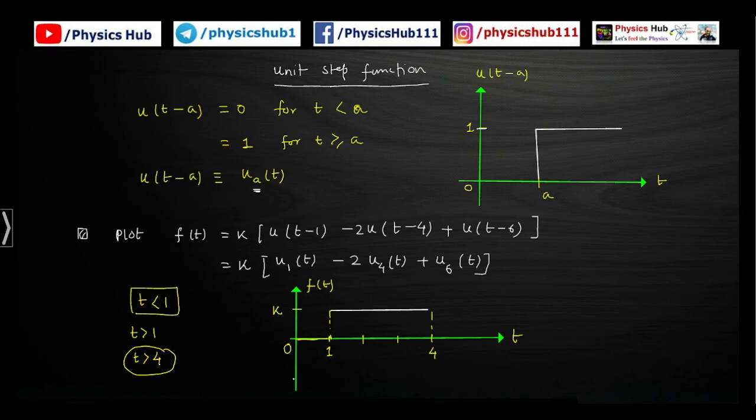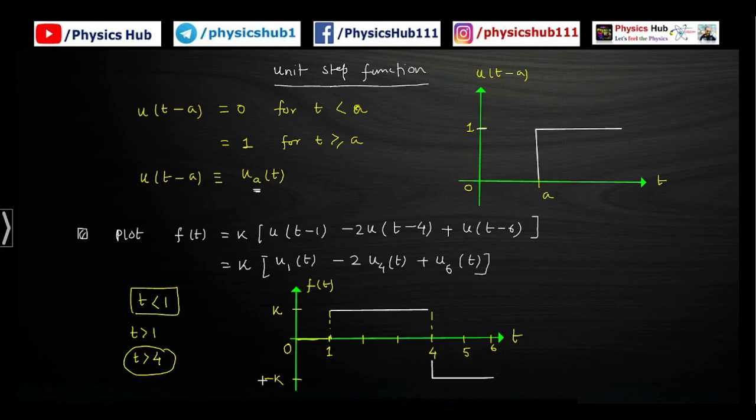So let's say this value is minus k, and at t equals 4 it will take the value minus k. This is 4. This function u6 will be activated at 6. So this is 5. This is 6. So it will maintain its value of minus k till 6.